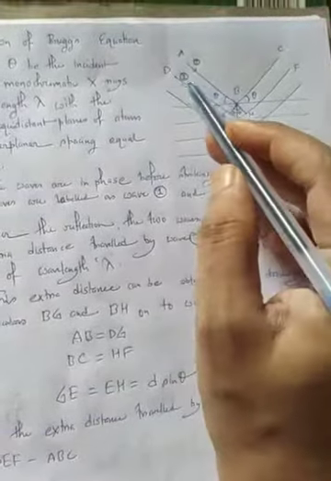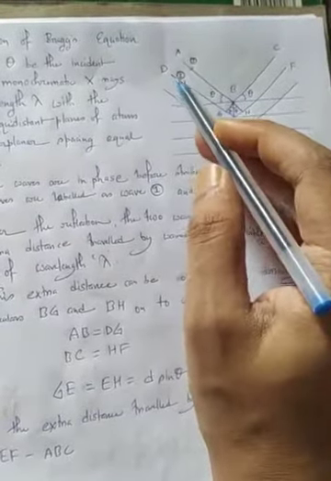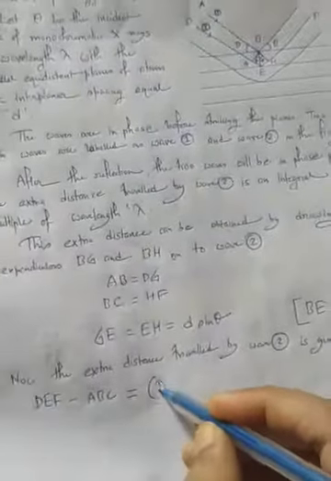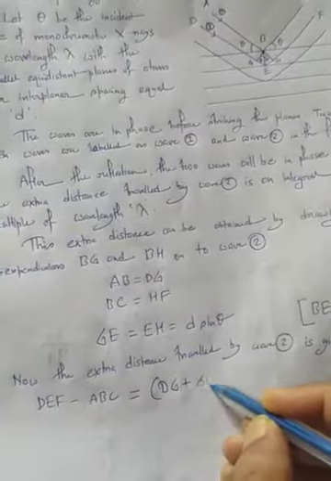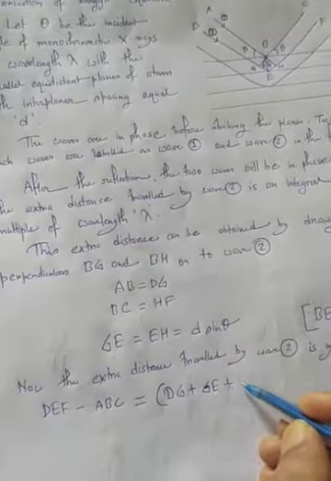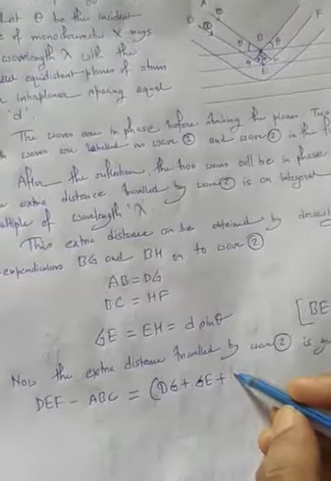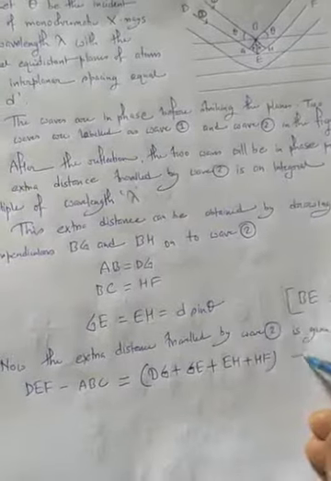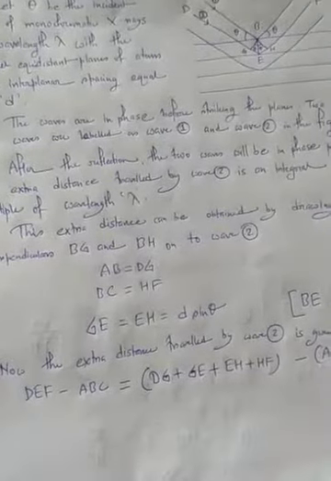From this diagram, the extra distance traveled by wave number 2 should be DEF minus ABC. So DEF can be represented as DG plus GE plus EH plus HF, minus AB plus BC.